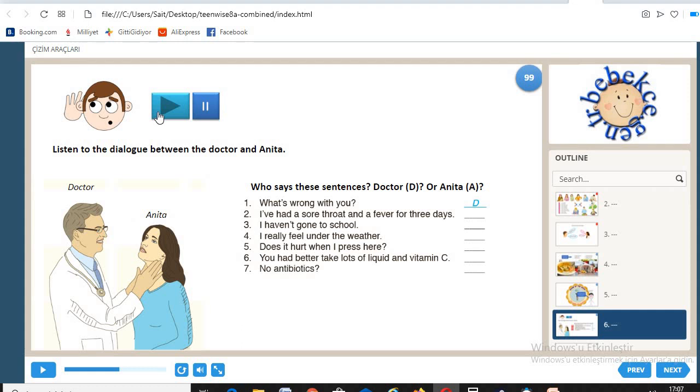Say ah. Ah. There's nothing to worry about. You've got a cold. You should stay in bed for a couple of days and you shouldn't go to school. I'll prescribe you some tablets and syrup for your cough. You had better take lots of liquid and vitamin C. No antibiotics? No, there's no need. Come back next week if you don't feel better.